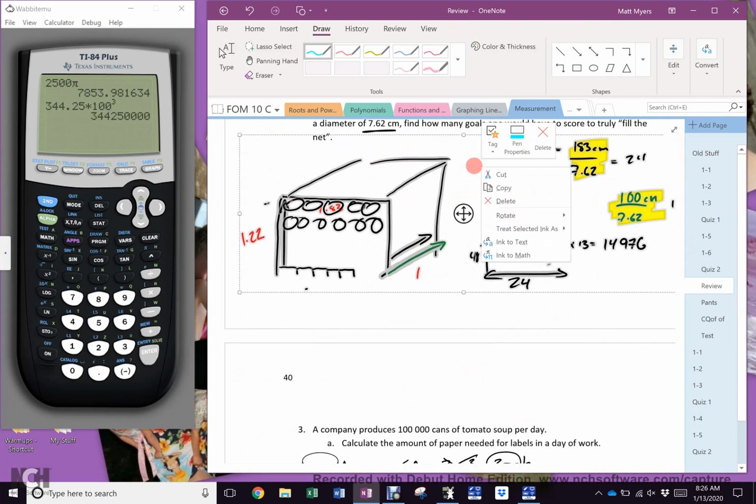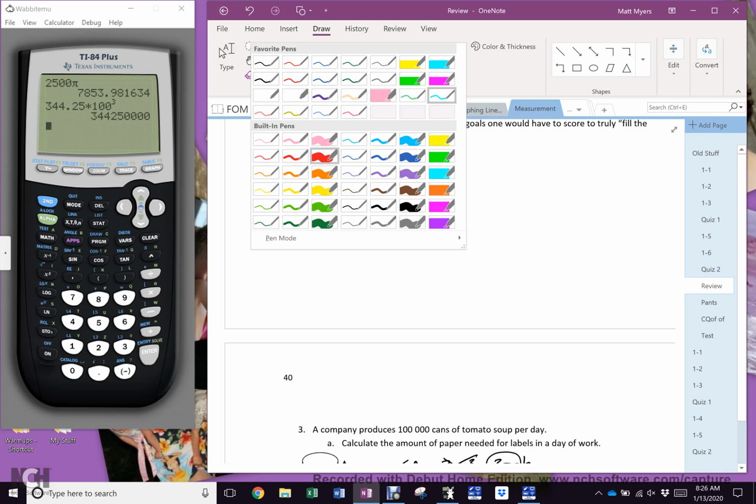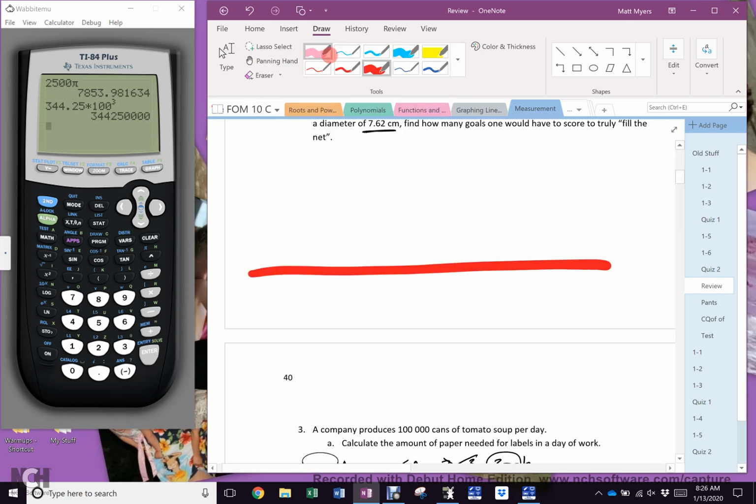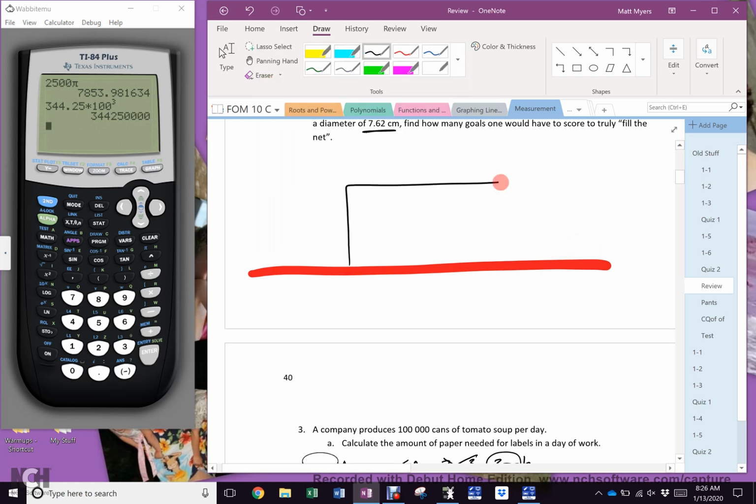If I look at the net from the top down, okay? Pretend I'm looking down on the ice. So if I look down on the ice, there's the red line, right? And the net would look like this, yes?